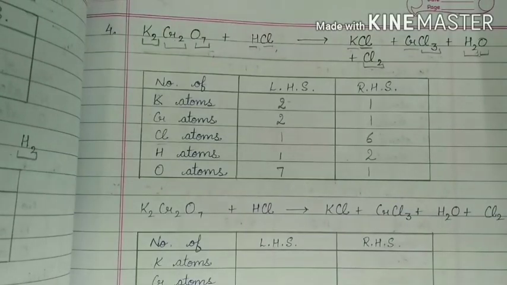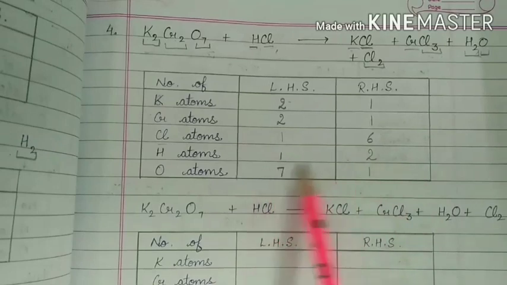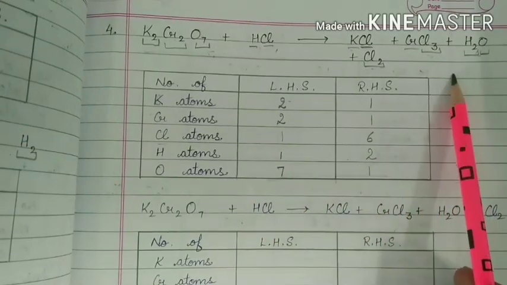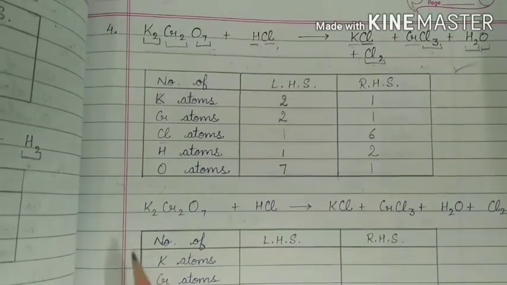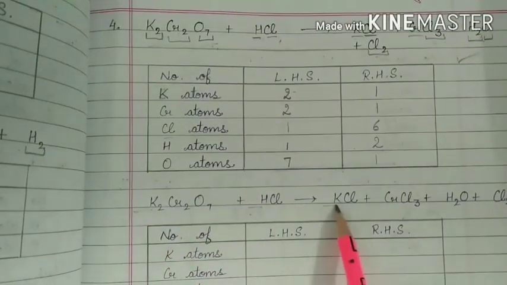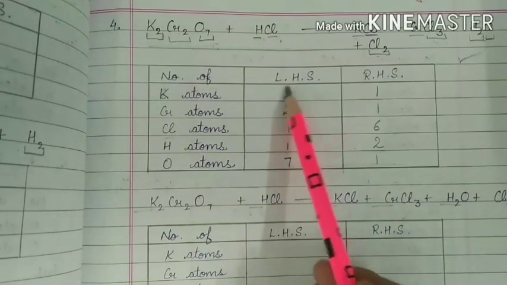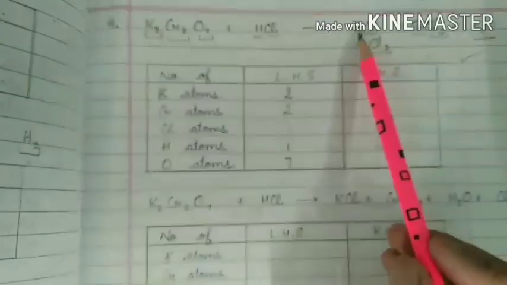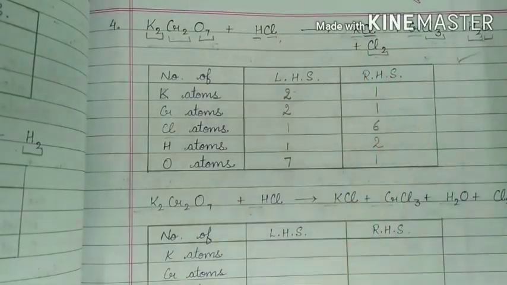Then you can clearly see from here that these atoms are unequal on both sides, so it is an unbalanced equation. So to balance it, we have to put a number in front of these molecules. So let's see what we can do here. Now see that here we have 2 potassium atoms on the left-hand side, and on the right-hand side if we want 2 potassium atoms, then we can put 2 here.